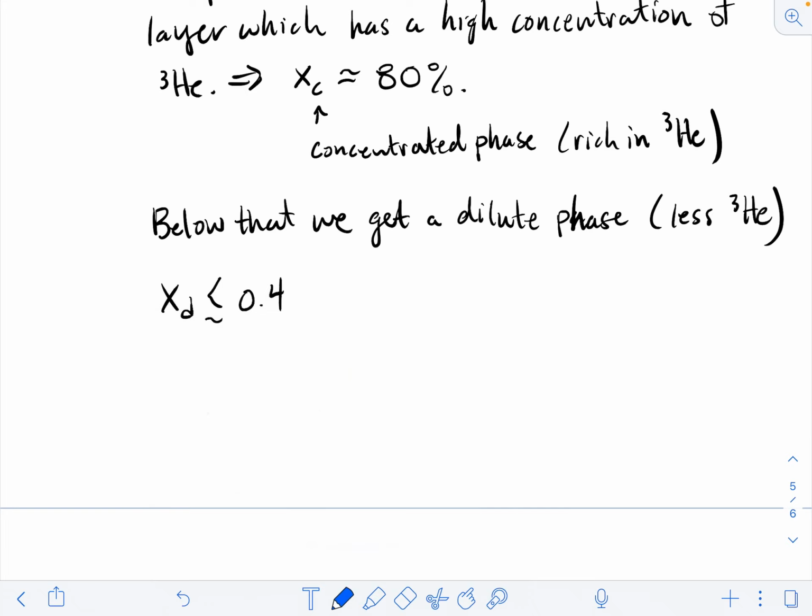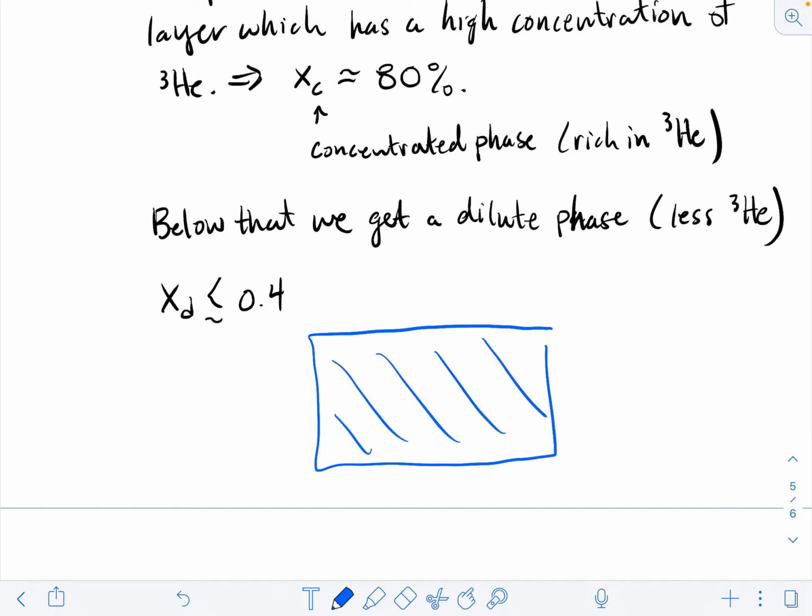And so what we have is our dilute phase, where X dilute is a little bit less than 0.4.